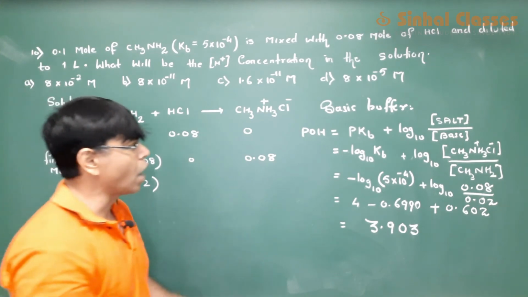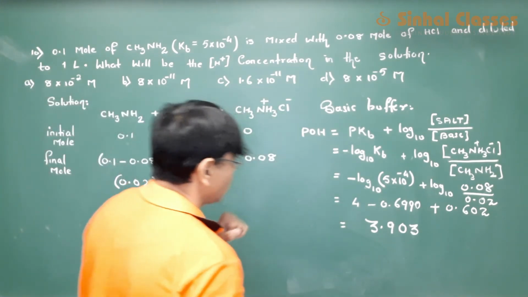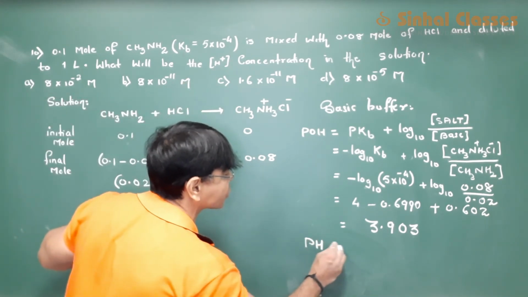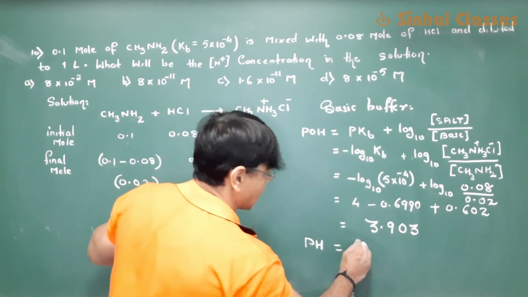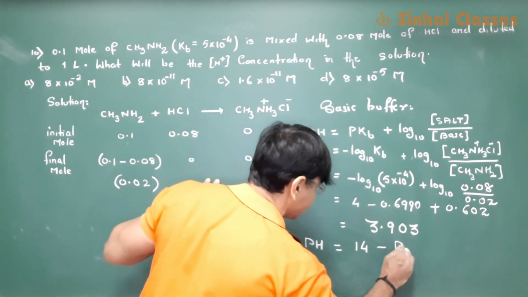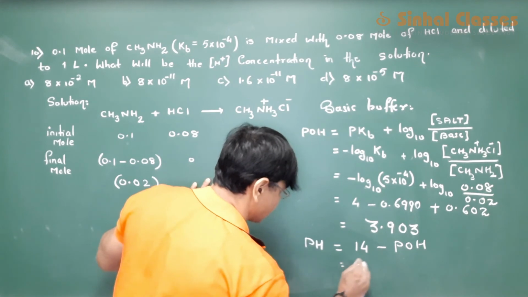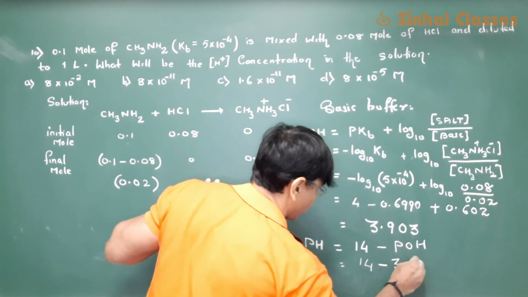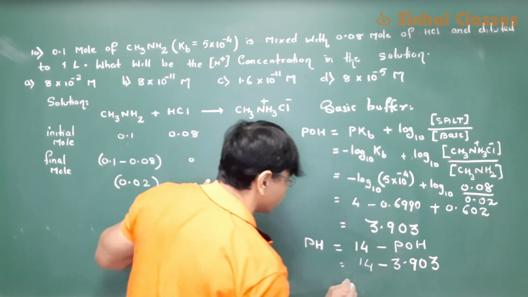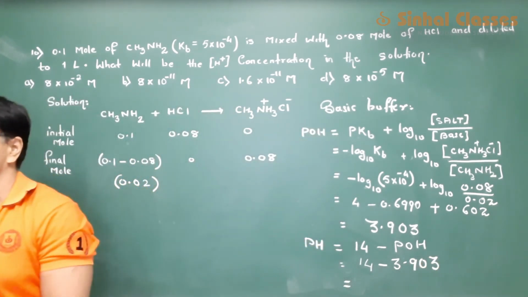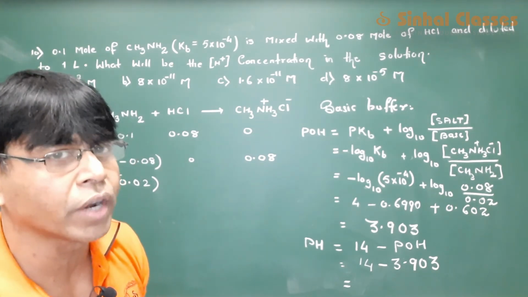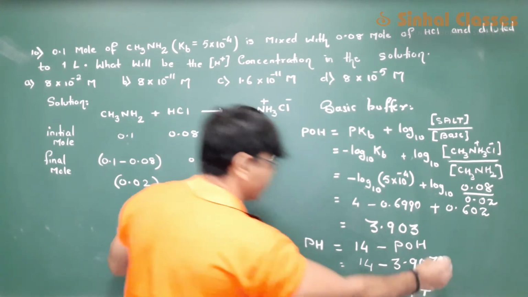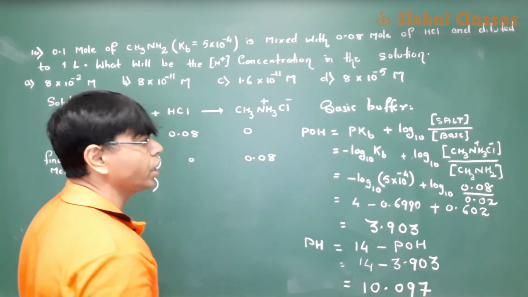So now this was pOH, but we are interested in H plus. So we require pH, that is 14 minus pOH, that is 14 minus 3.903, which is 10.097. 10.097 is the pH, but we are not interested in pH.